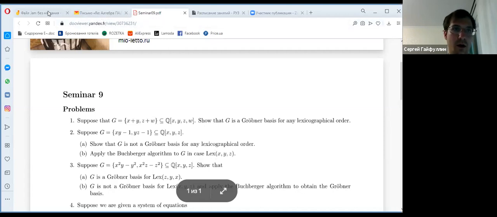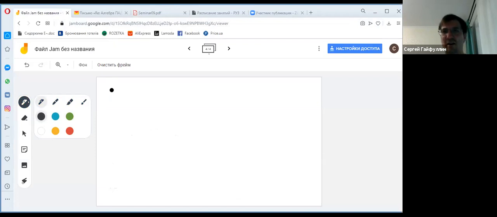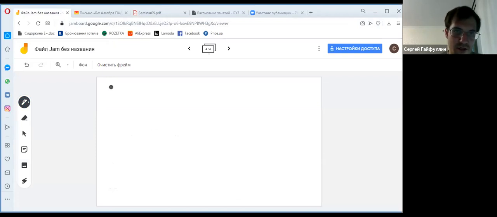Okay, let me remind what the Buchberger algorithm is. Let me change my notation because in lectures I think it was G, so we have G1 to Gk. This is the system of some polynomials. These polynomials generate the ideal I.